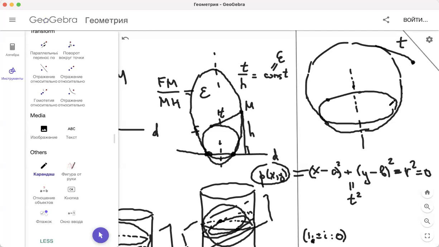And for this picture, you can make the same thing. So you consider line D through the tangency points.